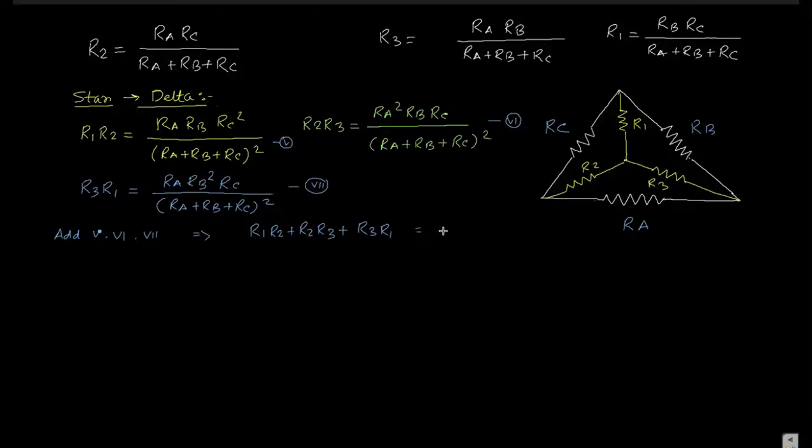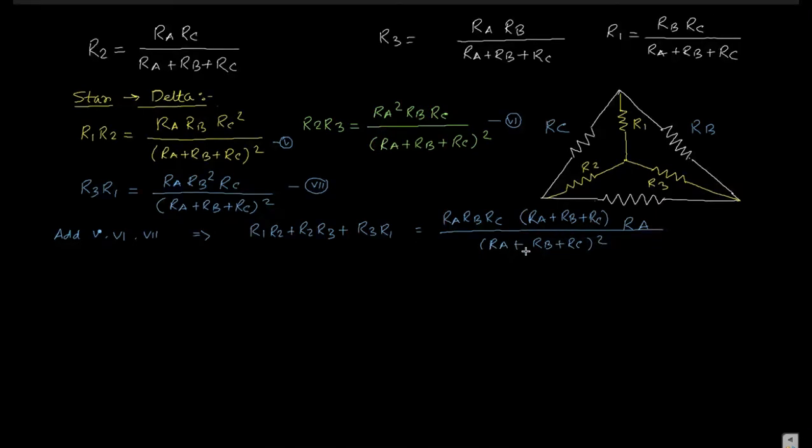Everywhere RA RB RC is present, so taking RA RB RC as common, you get RA square, RB square and RC square, so RA plus RB plus RC should be inside the bracket, and in the denominator (RA plus RB plus RC) whole square.